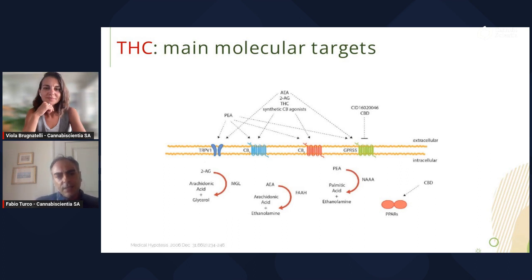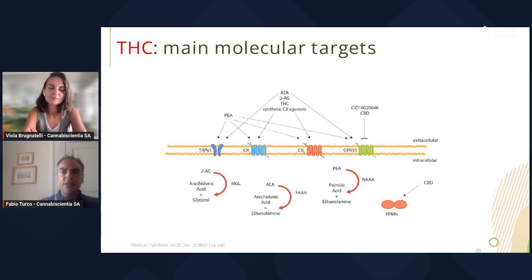Other than the classical cannabinoid receptors, THC can also activate other receptors. For example, it can bind to TRPV1 and 2 receptors that are ion channels responsible for the entrance of calcium in the cells.